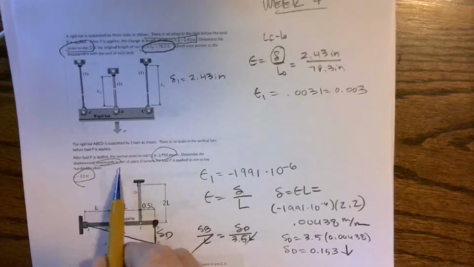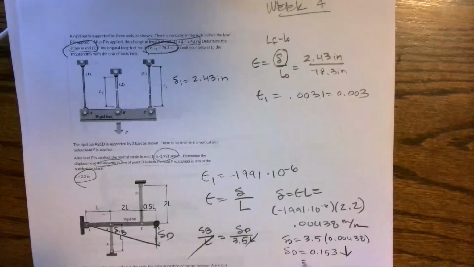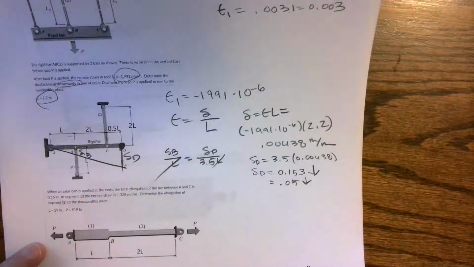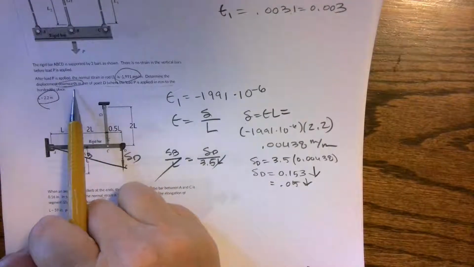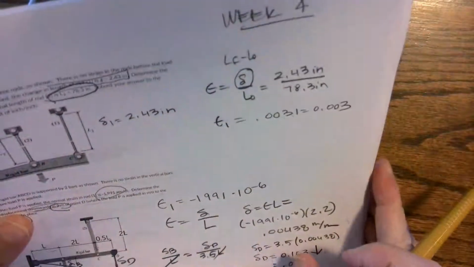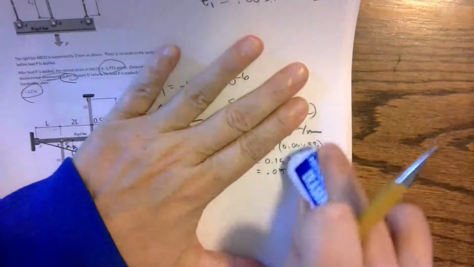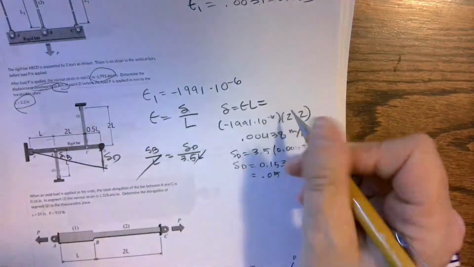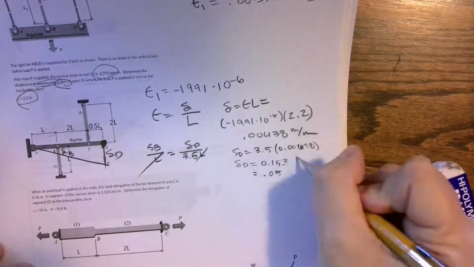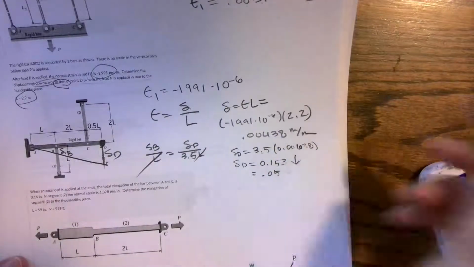Downwards, so that's going to be my positive, into the hundredths place. In millimeters, is that what that says? I can't read. Okay, let me back up, because it doesn't really matter whether I use meters or millimeters. Anyways, that's how you find it.